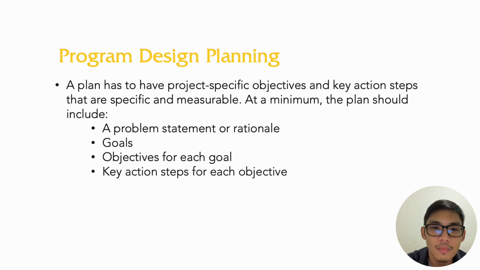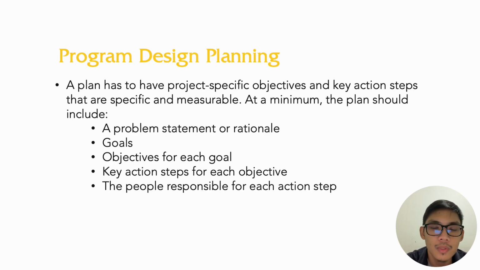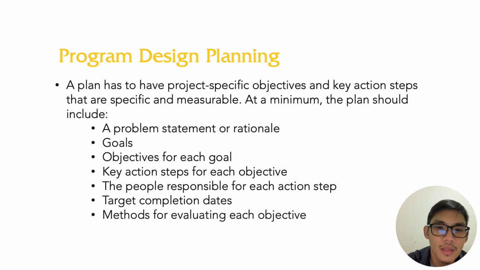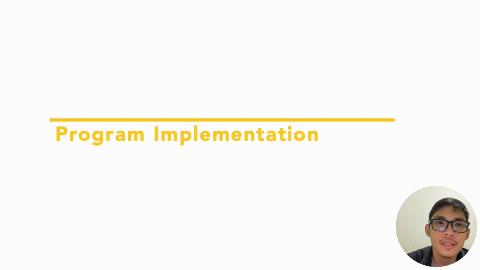Key action steps for each goal or objective have to also be included. The people responsible for each action step, the target completion dates of the activities to be implemented, and the methods for evaluating each objective. So these components have to be at least present in the proposal or the plan for the program. Let's now proceed to program implementation.